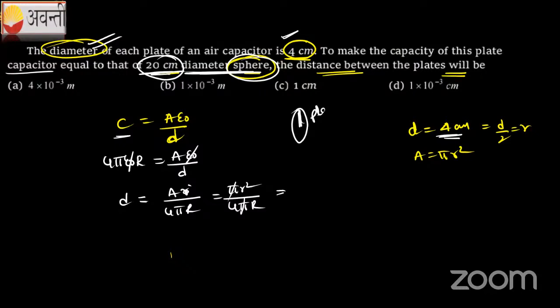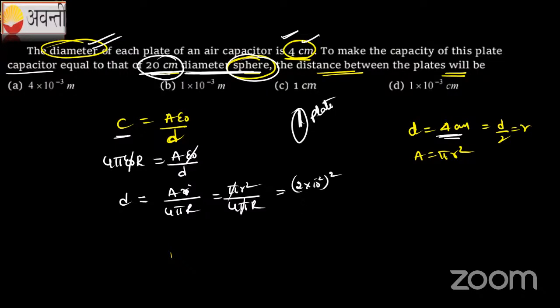This is the plate, guys. The plate diameter is given as 4 centimeter, correct? Radius is 2 centimeter, meaning 2 into 10 to the power of minus 2, whole square, now it will become meter. Are you understanding what I am doing?